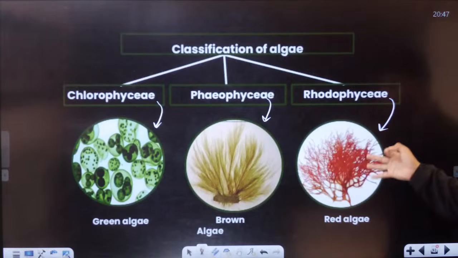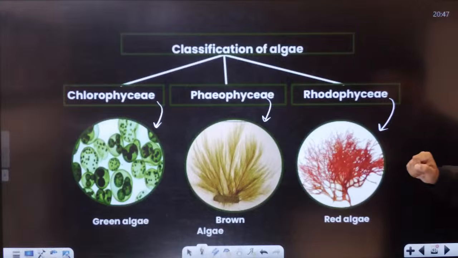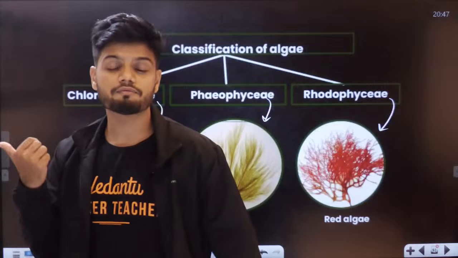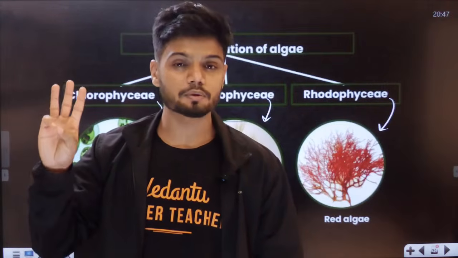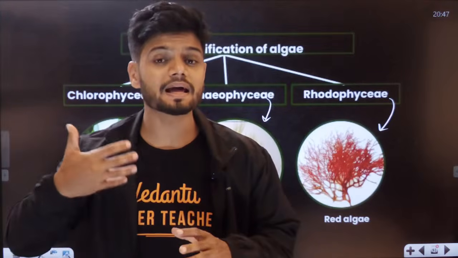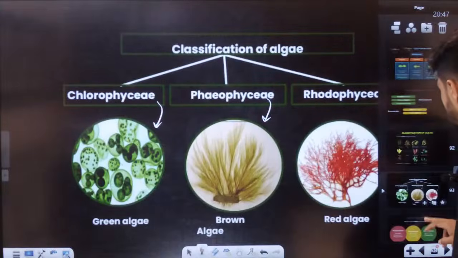Repeat after me: Chlorophyceae, Phaeophyceae, and Rhodophyceae. Based on these pigments, there are multiple examples under each one of them.